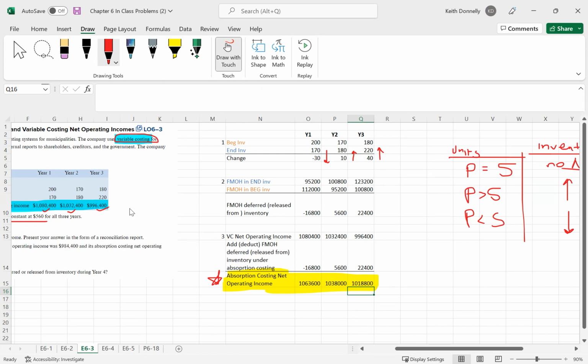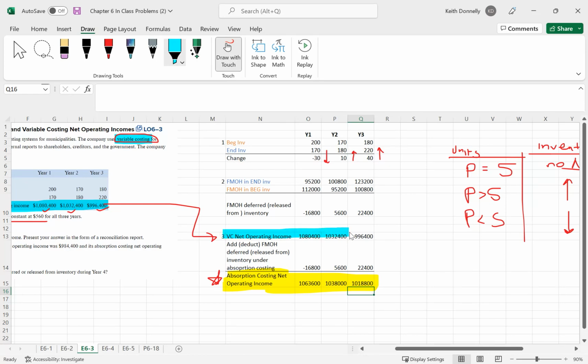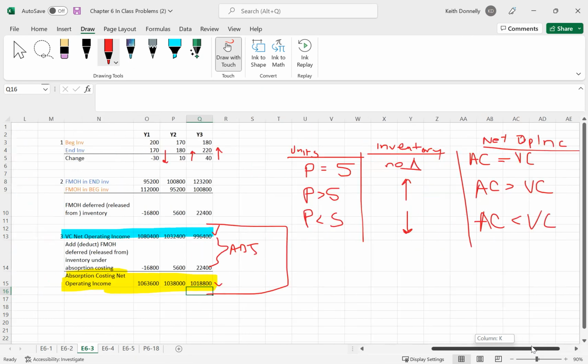We took our variable costing operating income right here, adjusted for this guy, what we calculated up above, and we got to our absorption costing net operating income. So this is kind of the whole idea right here. You start from here, you make an adjustment, it gets you to your absorption. Okay?